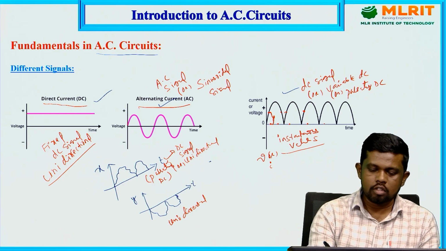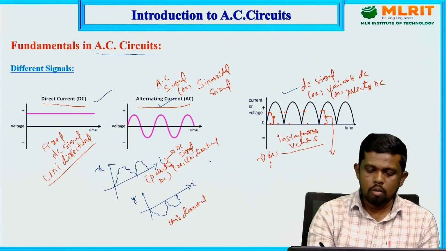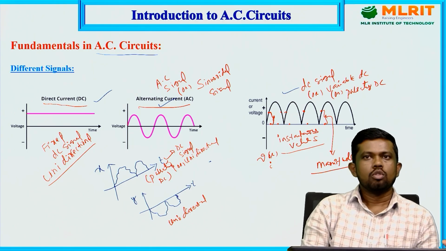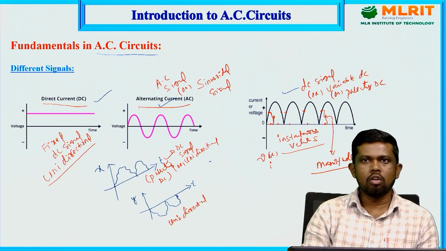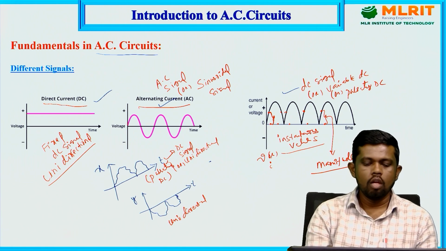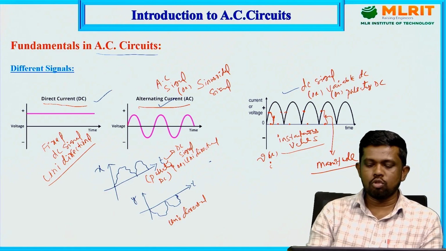This is simply called magnitude. It is the other fundamental thing of the AC circuit, called the magnitude value. The magnitude value is the value of any quantity at a particular instant. So these are the instantaneous value and the magnitude.